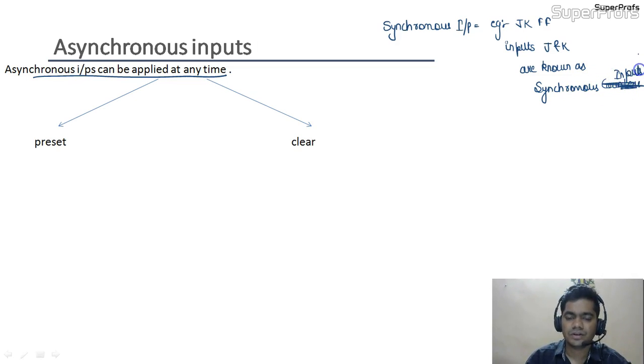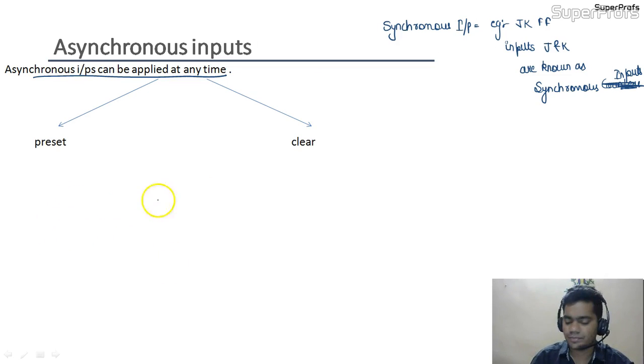So for a JK flip-flop, J and K are known as synchronous inputs, as we give these inputs simultaneously to a flip-flop. But this is not the case with asynchronous inputs. Asynchronous inputs can be applied at any time, and the output corresponding to that input would be available.